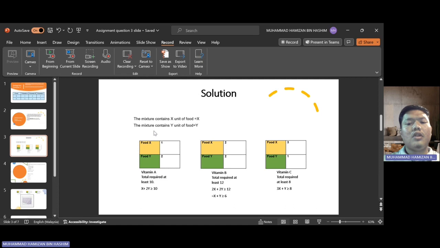For vitamin B, the total requirement is at least 12: 2x plus 2y at least 12. We simplify it as x plus y at least 6. For the last one, vitamin C, the total requirement is at least 8: 3x plus y at least 8.